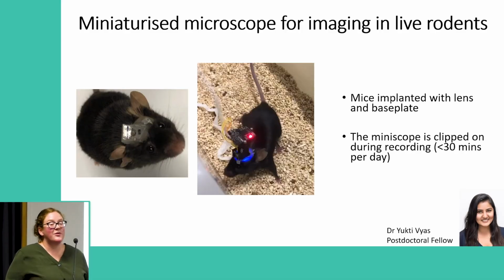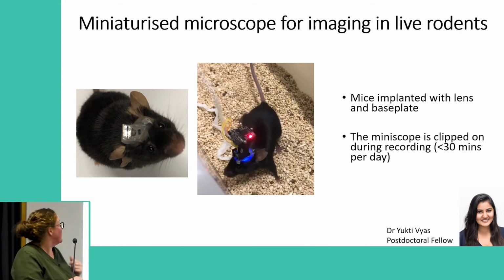So these are some photos of how that looks. Normally when the mouse is living its everyday life in its home cage, it has a base plate implanted and a lens implanted which goes into its brain. This base plate is very light, and the mice tolerate it very well.